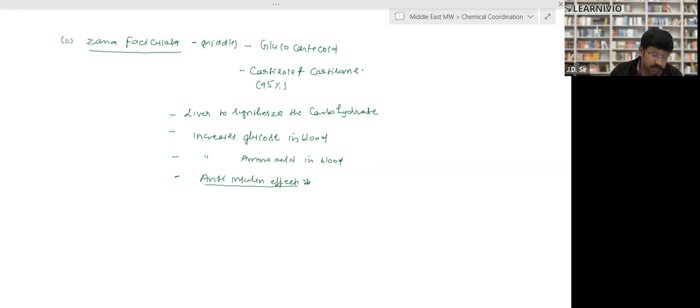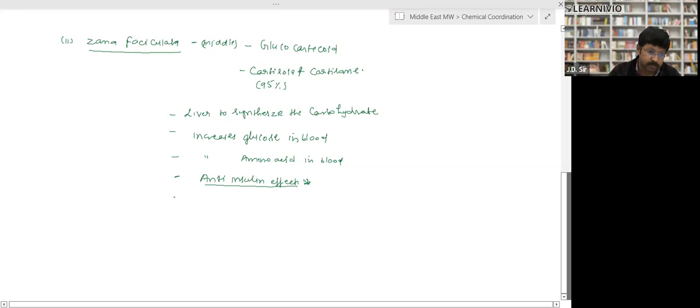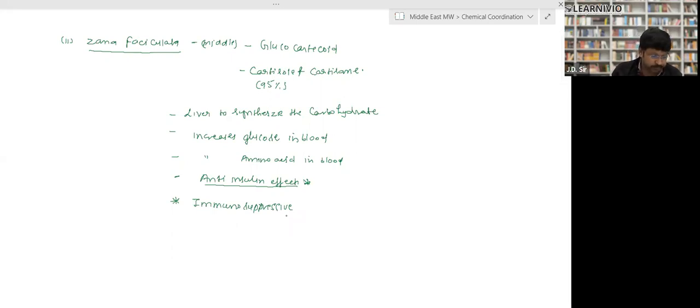Next, the next one is also very important. Make a star. Next function: it is immunosuppressive, means it suppresses the immune system which fights against disease.